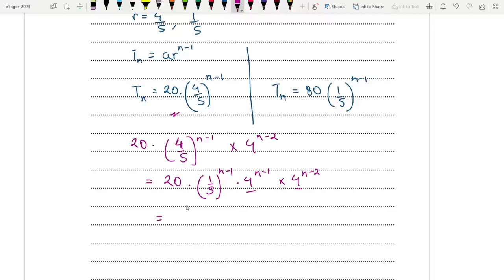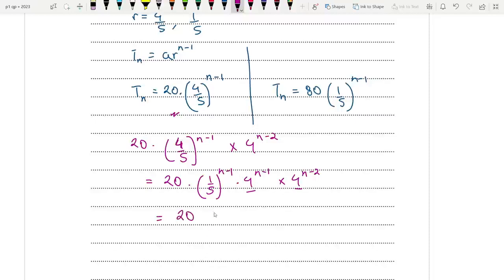But this isn't actually working out. I think it might be the other way around. Because if I try to do this, there's no way that I get 80.